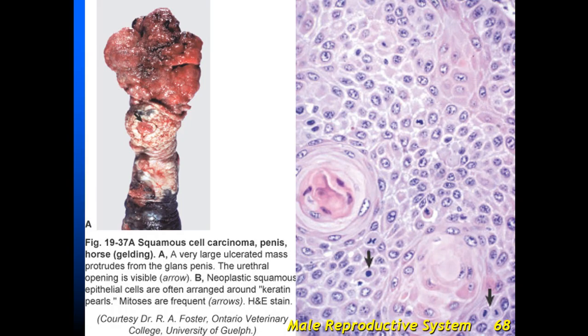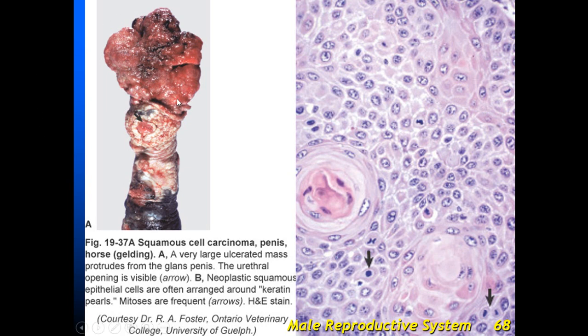Next are the other tumors that arise from the epithelial cells of the penis and prepuce. The epithelial cells of the penis and prepuce are squamous epithelia, just the same as the epidermis.